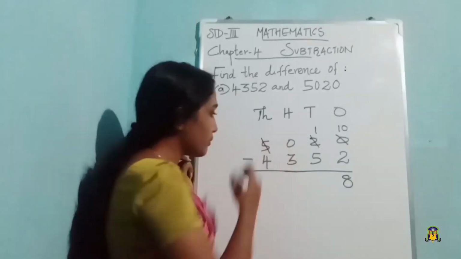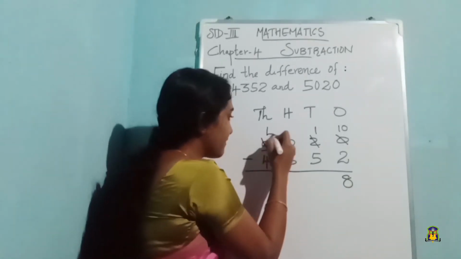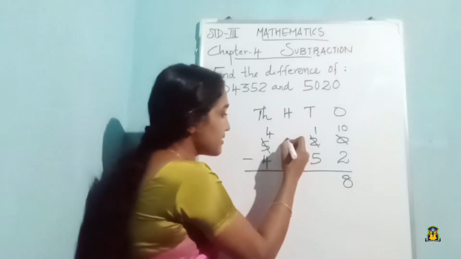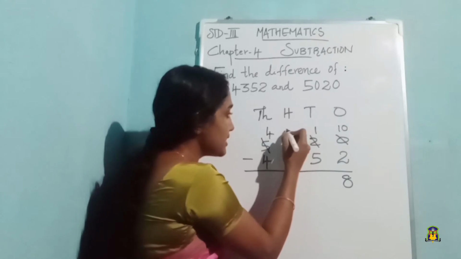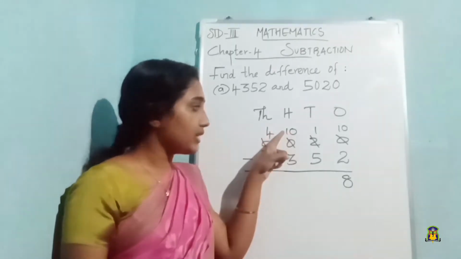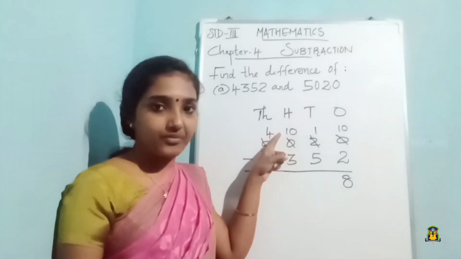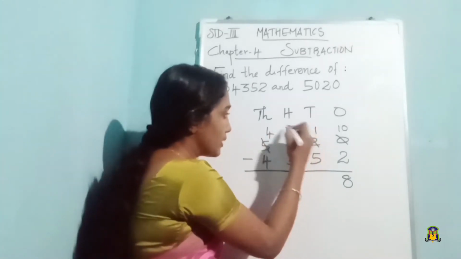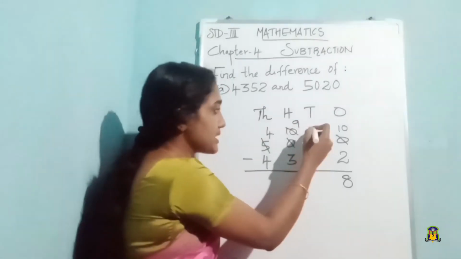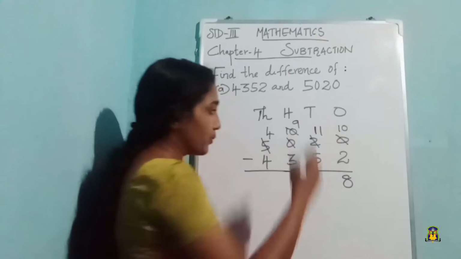On borrowing 1 from 5, this 5 will be reduced to 4 and the 0 in hundreds place will be changed to 10. Then we can borrow 1 from this 10 and this 10 will become 9 and here in tens place this 1 will become 11.